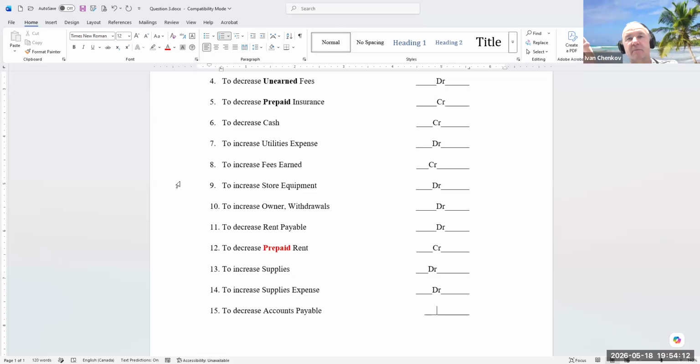The normal balance on accounts payable, since it's payable, is credit. So if I want to decrease it, what do I have to do? I have to debit it. Make sense? If I credit it, it's going to go up. But I want to decrease it, so I have to put it on the debit side to go down. Make sense?